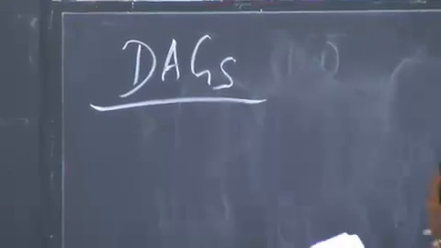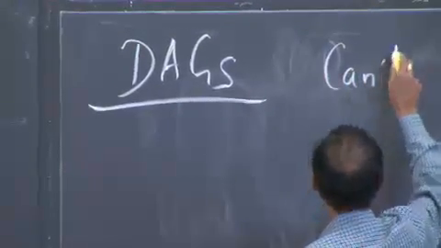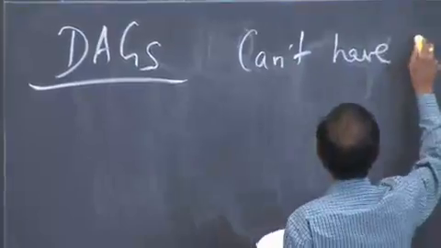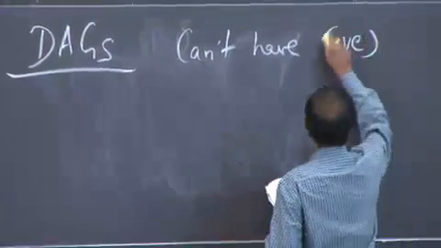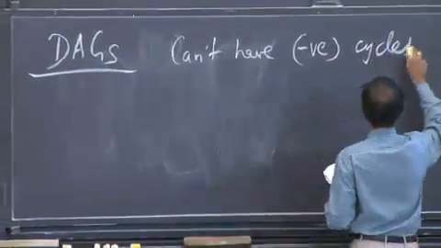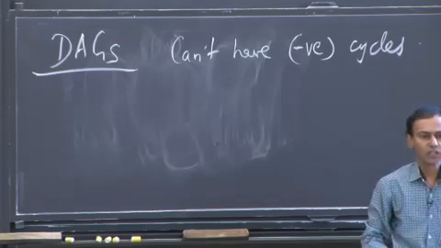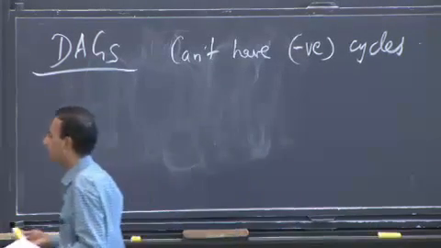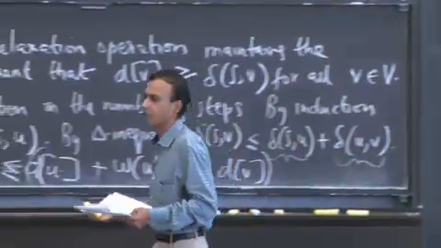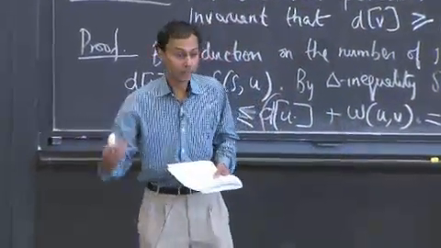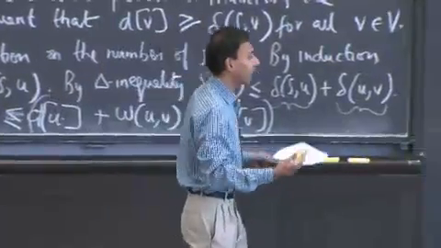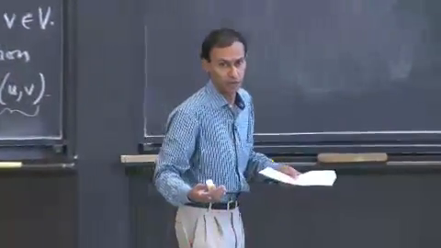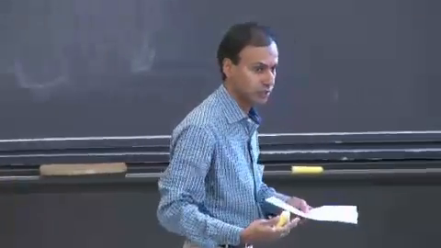So that means we can't have cycles, so we can't have negative cycles. That's why this is an interesting special case. It makes things a little bit easier for us because we don't have to worry about negative cycles. We're actually going to look at DAGs that have negative edges in them. All right? So we're allowed to have negative edges in these DAGs, but we don't have negative cycles.